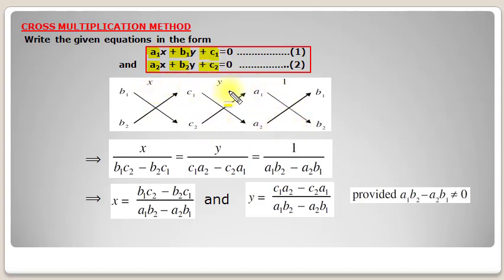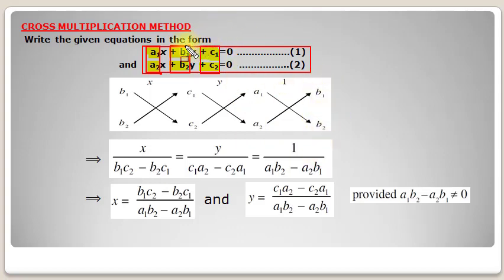We will write x, y, 1, and starting from the side of x, we write the values of b1, b2, then the values of c1 and c2. Then we come to a1 and a2, and then again b1 and b2.